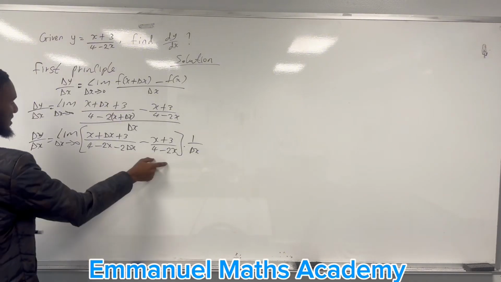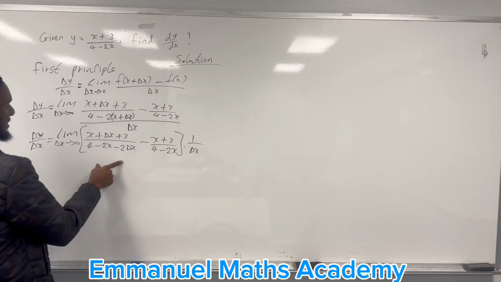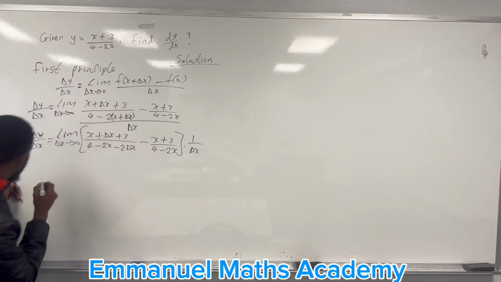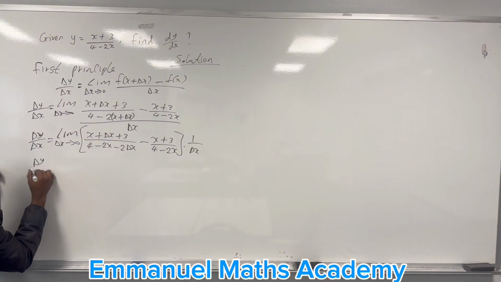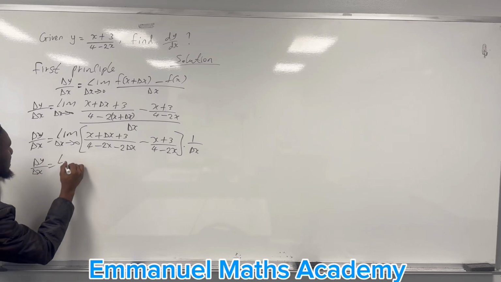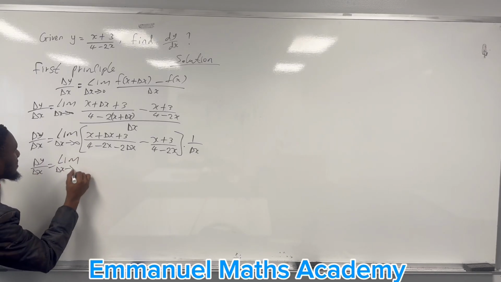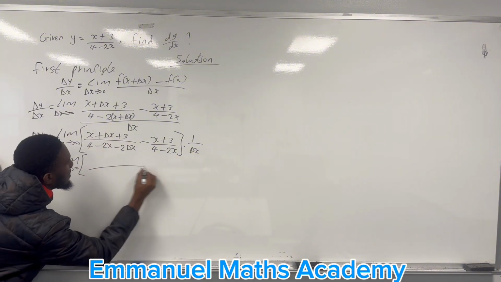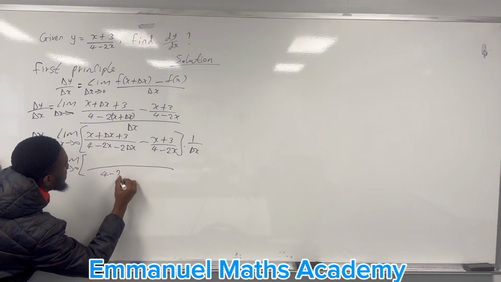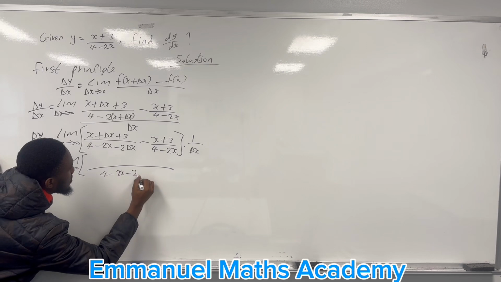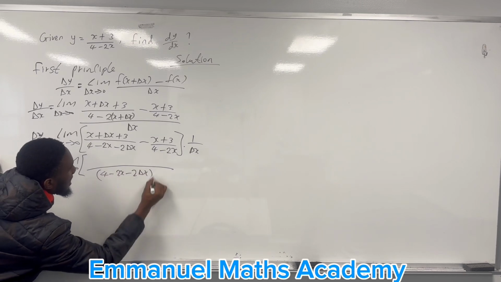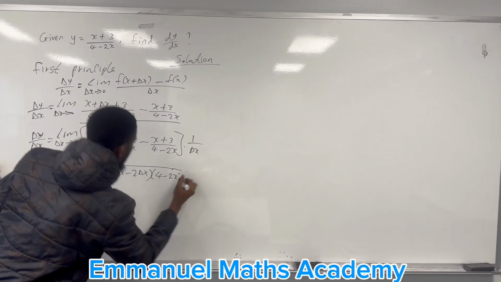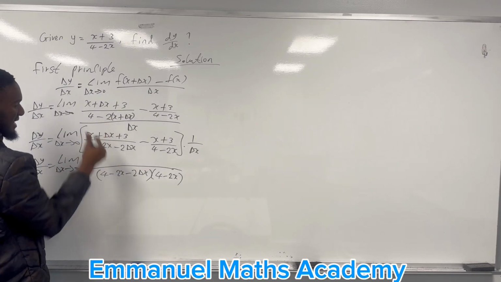So the LCM of this is what? First of all, let's write out our change in y over change in x equals the limit as delta x tends to 0. Look at the LCM: you have 4 minus 2x minus 2 delta x, and 4 minus 2x. So if you divide this, you multiply by this.